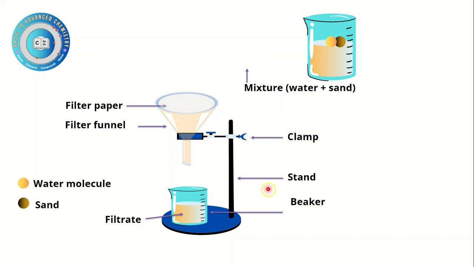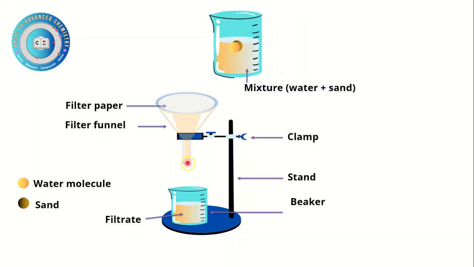Then we have another beaker here used to collect the component of the mixture that passes through the filter paper. The component of the mixture, in this case the water, which passes through the filter paper and is collected in this beaker, is known as filtrate. So let us see how filtration works.